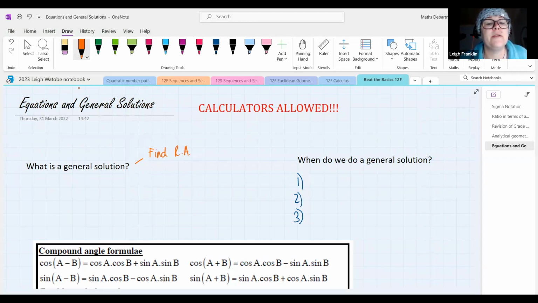Okay, so let's put that down. Who else is going to add to this? Nhlanhla said we need to find a reference angle. Anybody else got something to add?